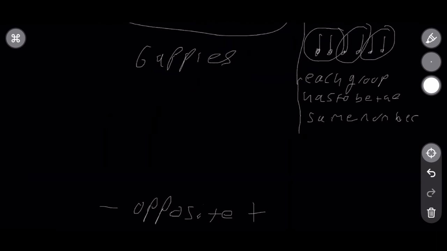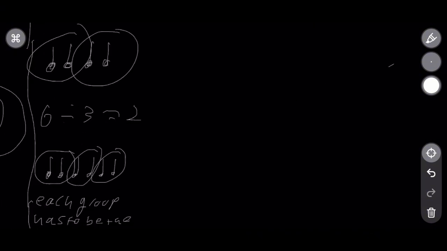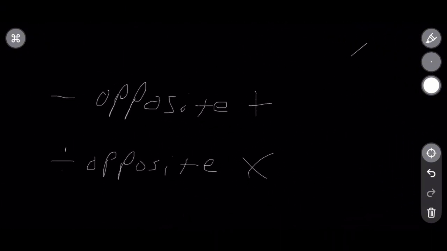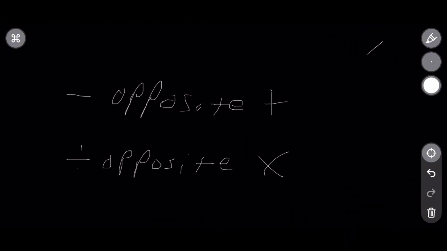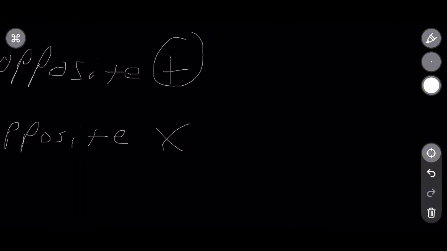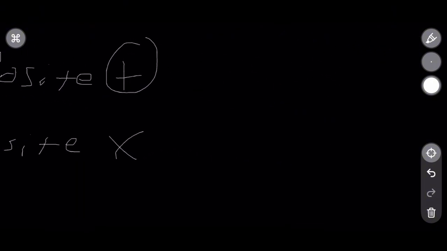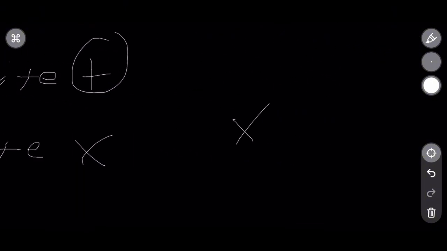I'll show you some other ways that these things are shown. Addition and subtraction are really only shown as these two. But multiplication can be shown as x, so 2 times 3. It can also be shown as 2, a wee dot up there, 3.